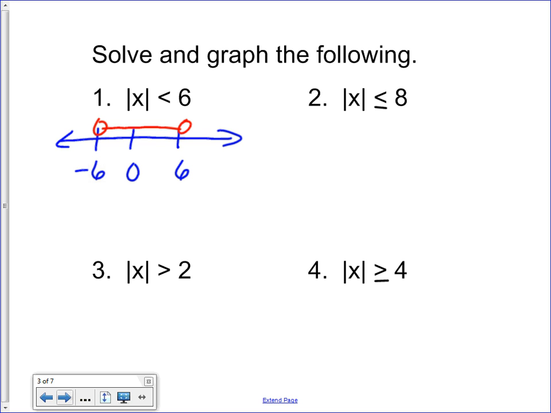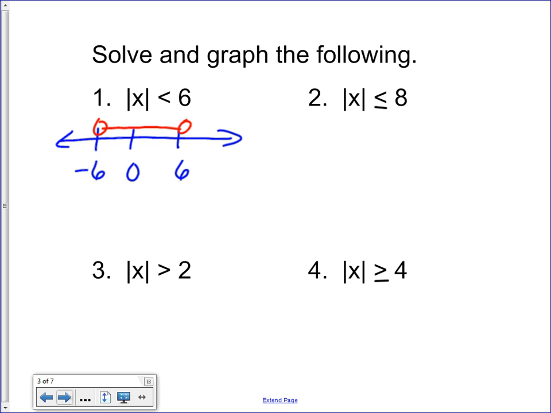Two open circles at a negative 6 and a positive 6, because we can't include them. And then it would be all the numbers in between there. Those would be all the numbers that are less than 6 away from 0, or they would satisfy the absolute value of x is less than 6. So how do I write that as an inequality? Well, if you remember, there's two ways.